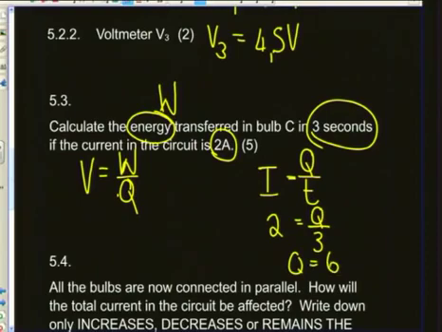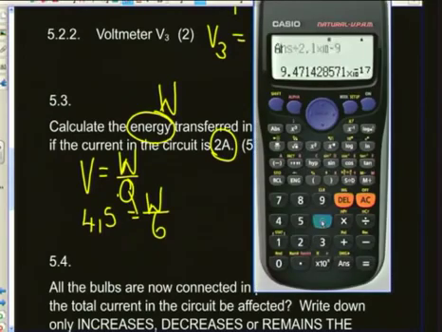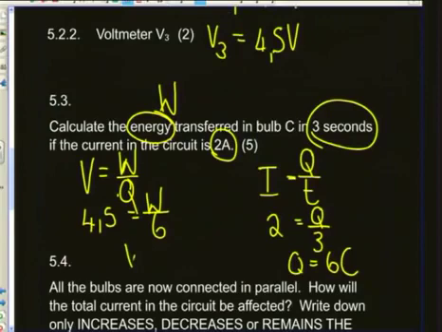So Q equals 6 coulombs. My V is 4.5. We want W. So W becomes 6 times 4.5. Let's work that out. 6 times 4.5 we get 27. So W equals 27 joules.